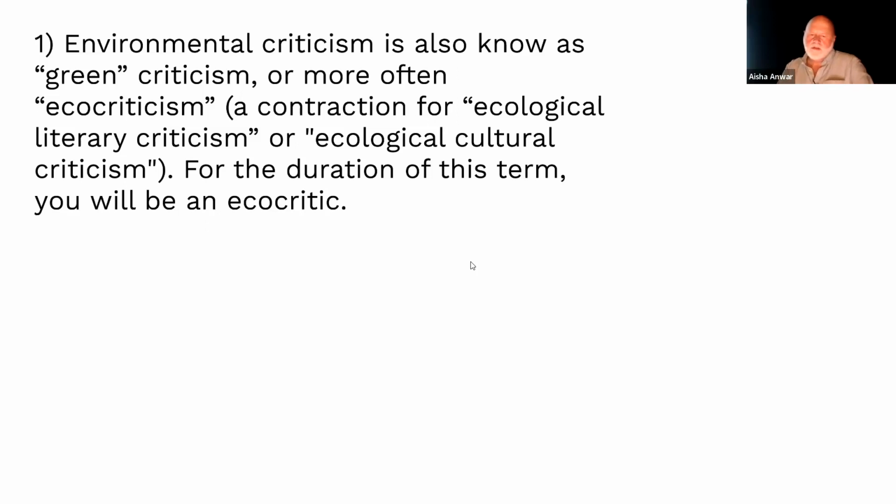And that's a contraction for either ecological literary criticism or, more broadly, ecological cultural criticism. And you can see that, by the way, because we were just employing it to talk about a painting. And that's not really literary criticism, but it is cultural criticism. And by the way, that's really the end game of what we're looking for here. In other words, it's not that we're trying to understand this literature.